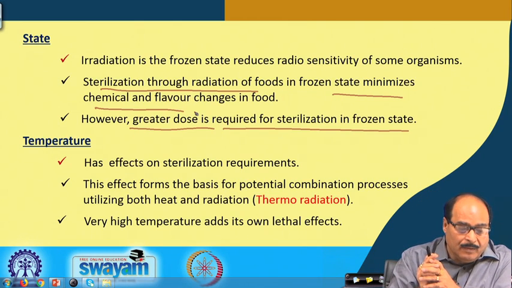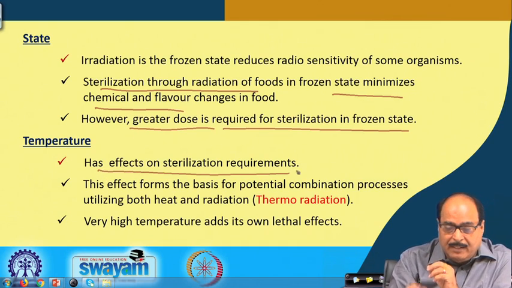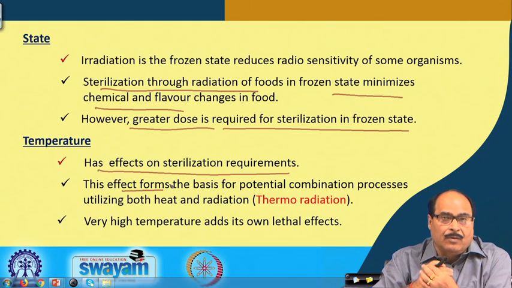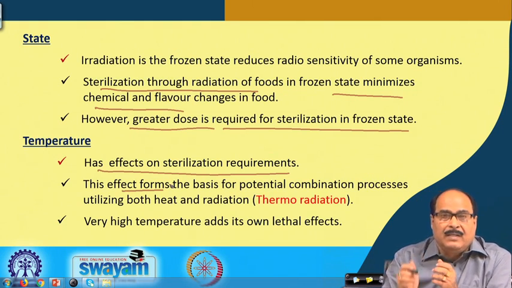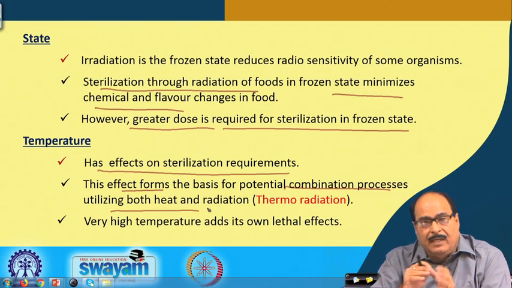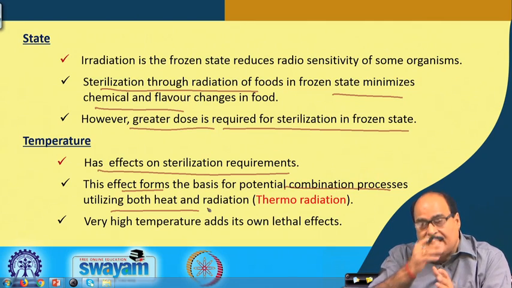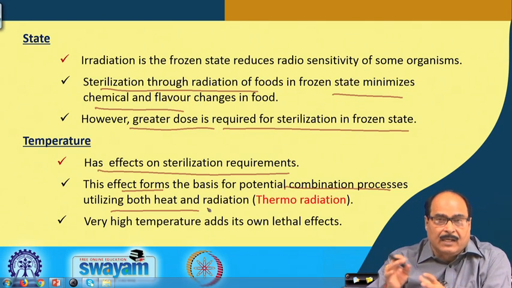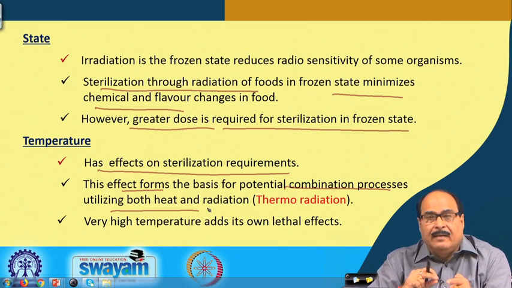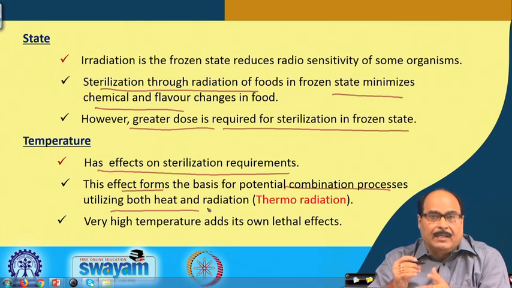As far as temperature is concerned, it has an effect on the sterilization requirement, and this effect of temperature on the radiosensitivity of microorganisms forms the basis of potential combination processes utilizing both heat and radiation, because certain microorganisms and enzymes are more sensitive to irradiation but stable to heat, and vice versa.